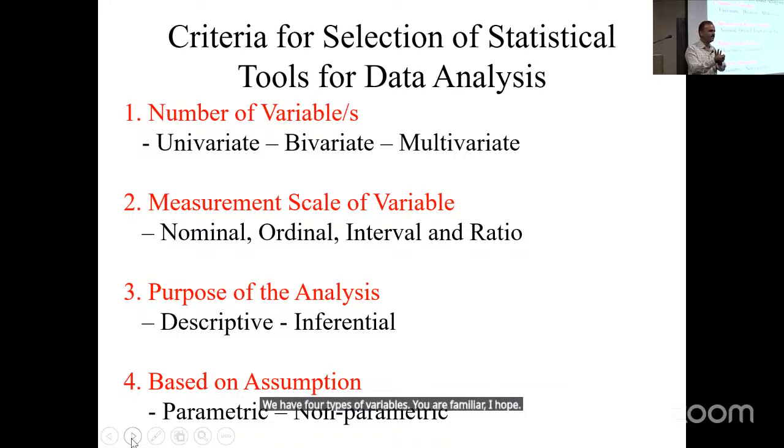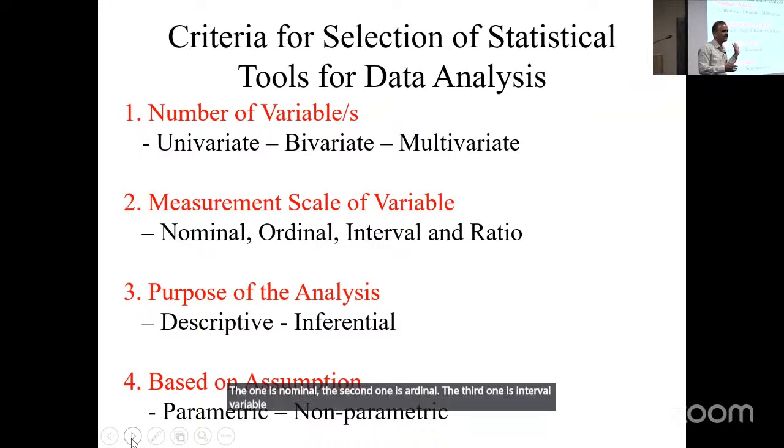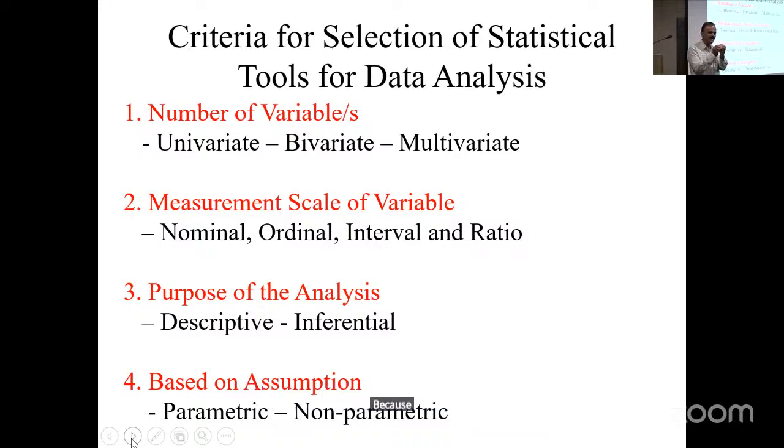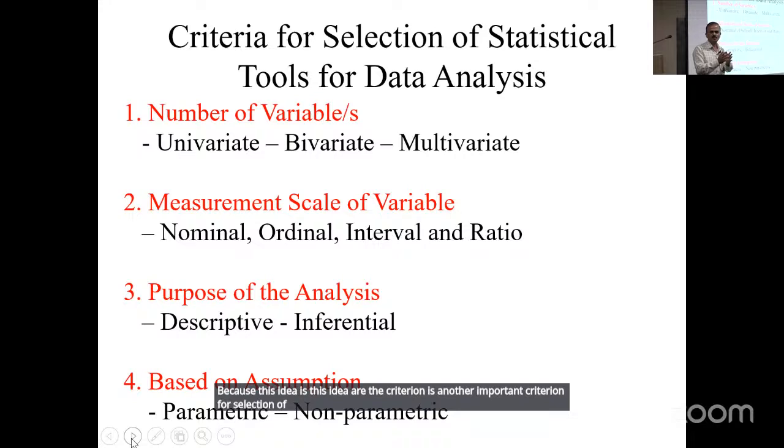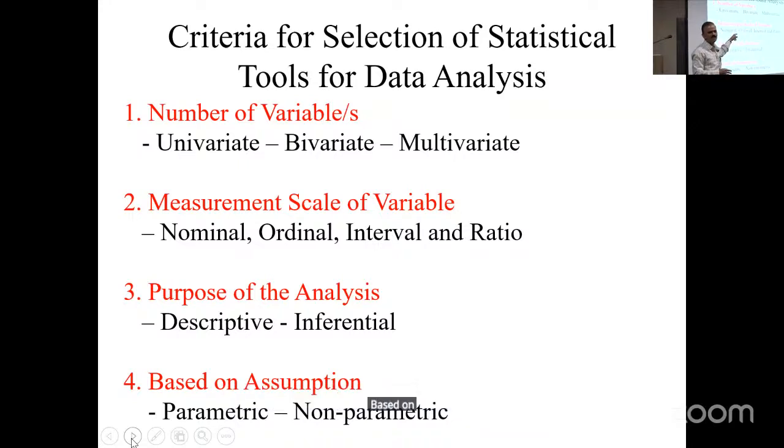The first is nominal, the second is ordinal, the third is interval, and the fourth is ratio scale variable. This is another important criterion for selection of any statistical tool, because statisticians have developed different statistical methods based on the measurement scale of the data.